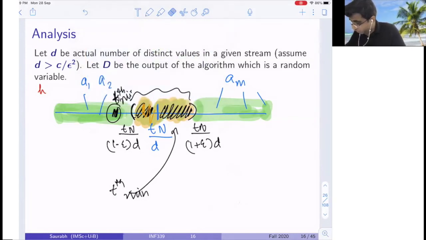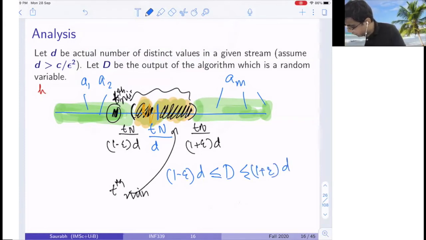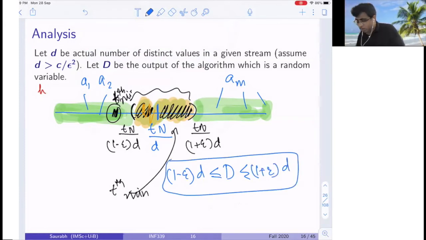So what will be your d value? D will be between 1 minus epsilon times real d and 1 plus epsilon times real d, right? So the only reason you will do badly is that either the tth minimum lies in this part of the green region, or the tth minimum lies in this part of the green region.